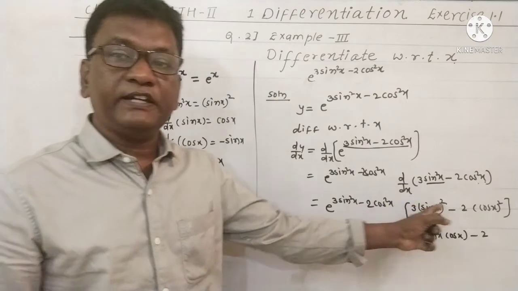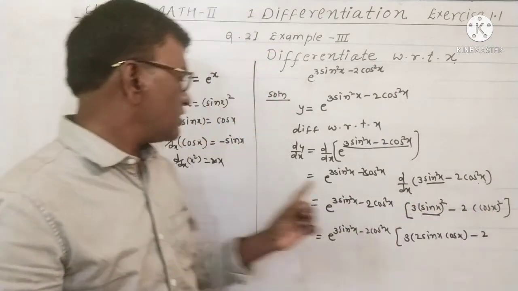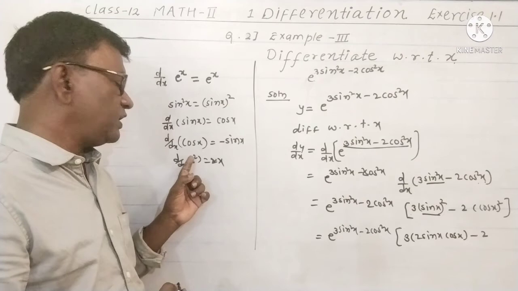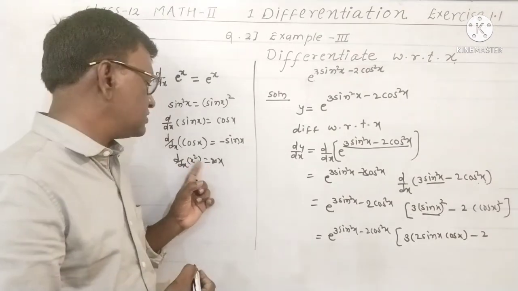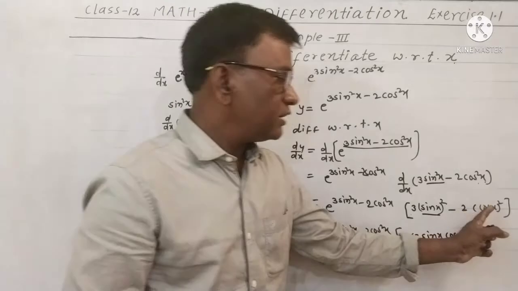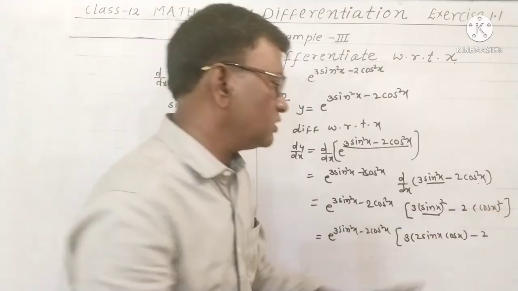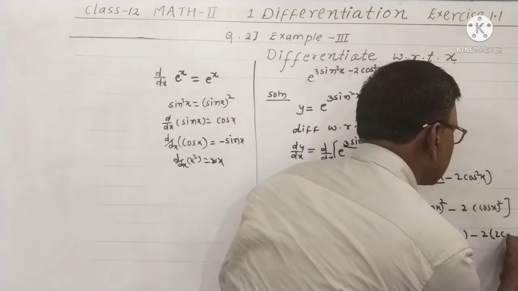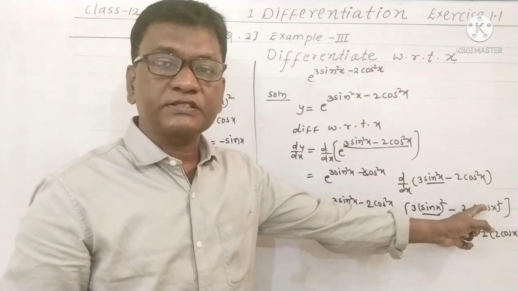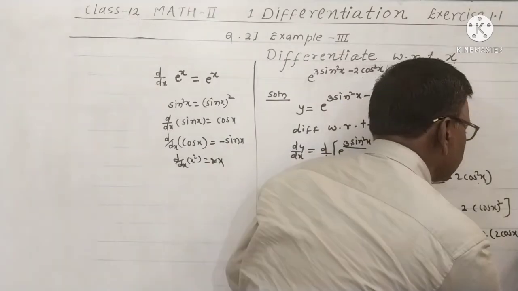In the same way, we can find the derivative of cos square x. Cos square x is a square of a function, and we have the formula d by dx of x square is equal to 2x. Using this formula, the derivative of cos square x is 2 cos x, and again take the chain derivative of cos x as minus sin x.